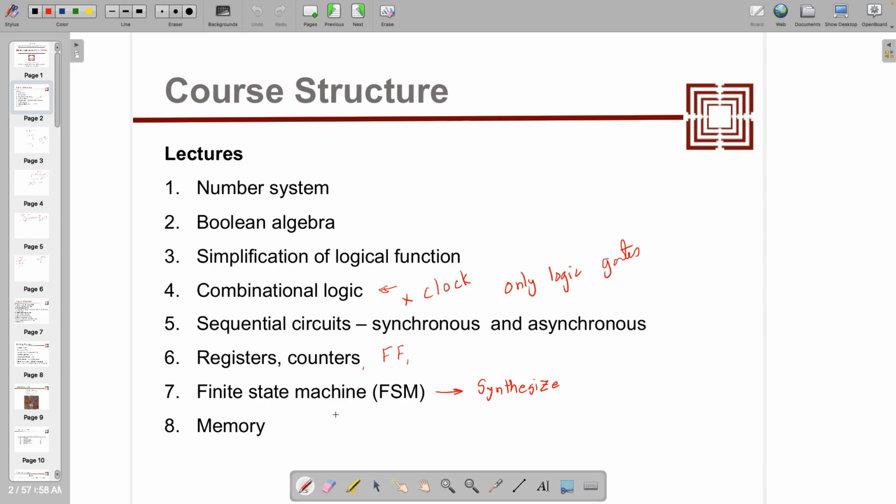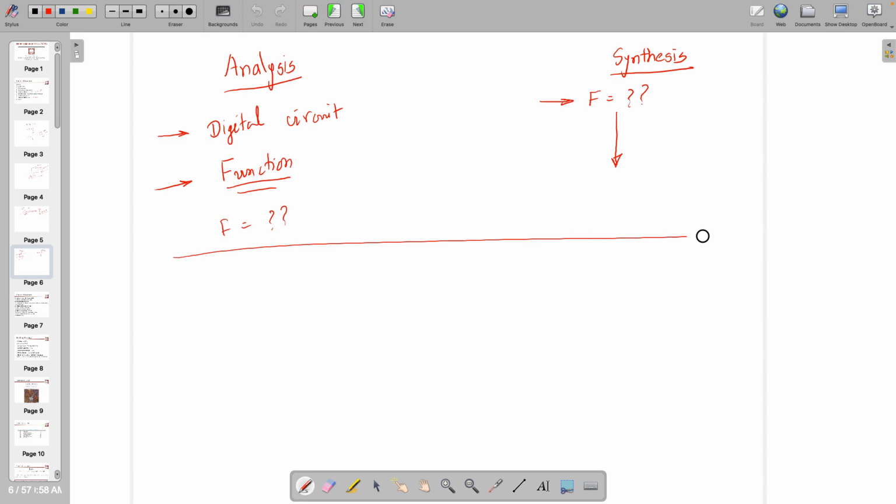Of course, when you have the FSM, you can write a code, and that code we write in HDL, hardware description language, either in Verilog or in VHDL. You can also write register transfer logic, where the function is given to you and you write the HDL code in Verilog or VHDL.